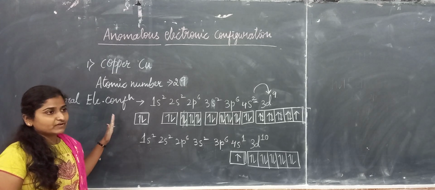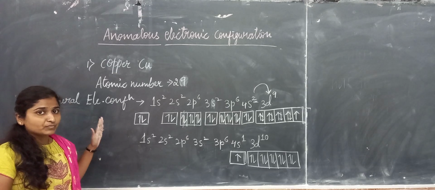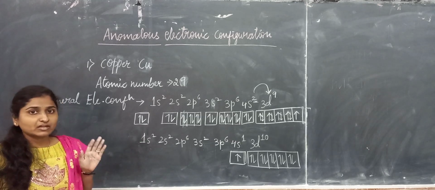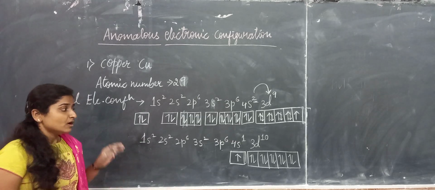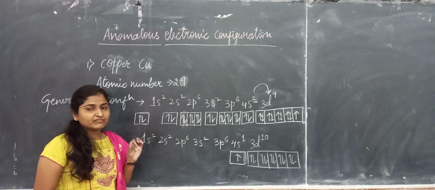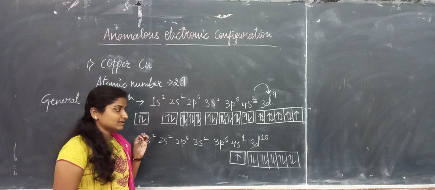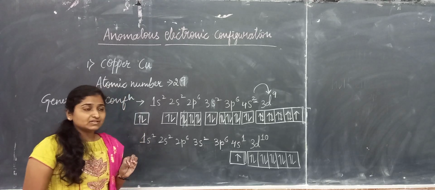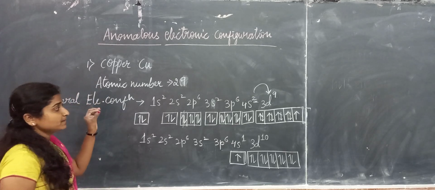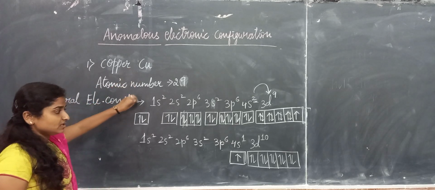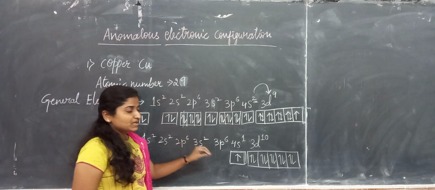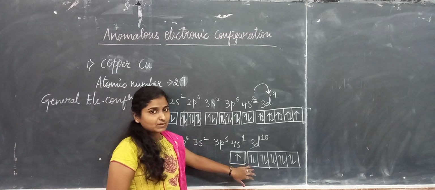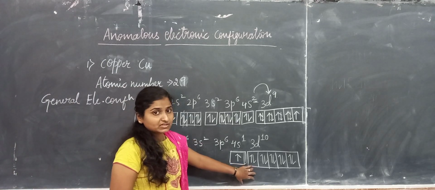In chromium, the first example we have taken, we observe the anomalous electronic configuration due to an exactly half-filled d orbital. This anomalous property in copper is seen due to the completely filled d atomic orbital.